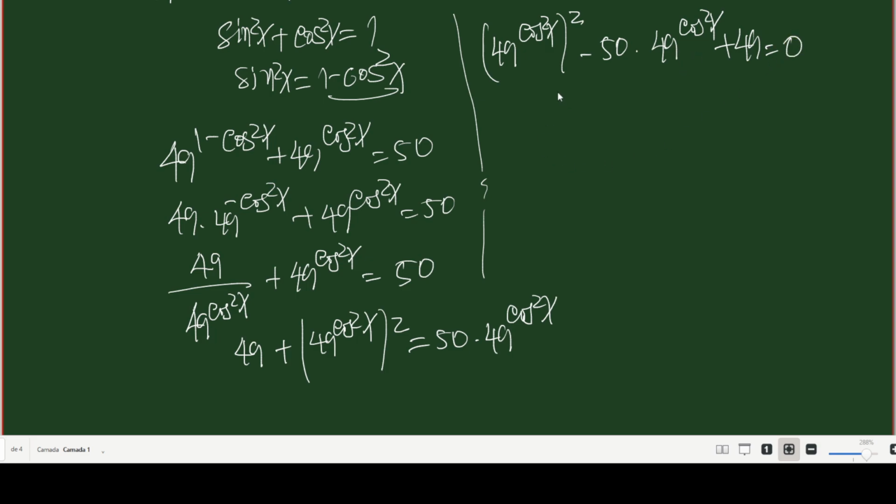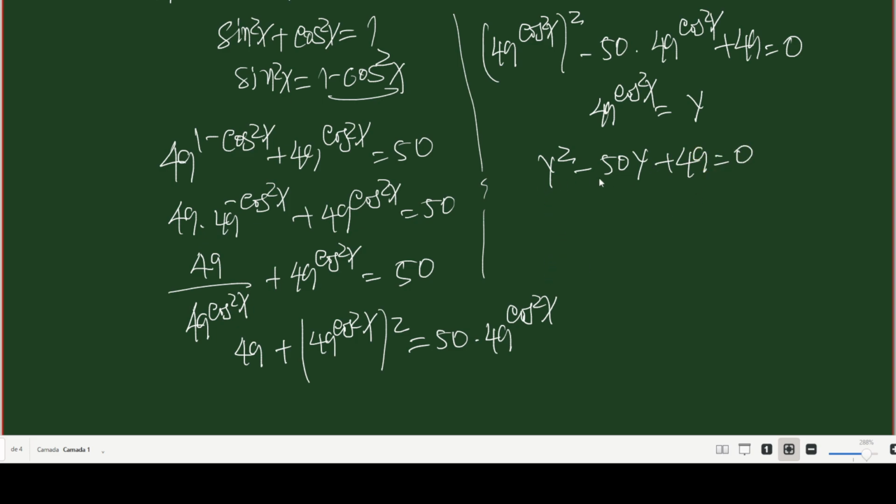Now let's make a substitution, say that 49 to the power of cos square of x is equal to y, for instance, right? So we're gonna have here y square minus 50y plus 49, and then this is equal to 0.